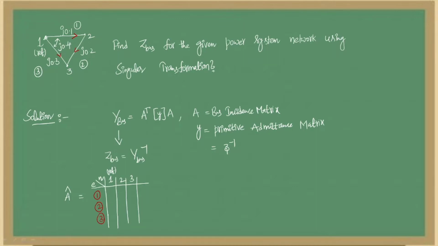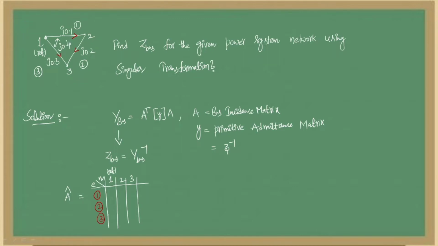When the direction of the element is towards a particular node, it is assigned as -1. When the direction of that particular element is away from a particular node, you can consider +1 for that element in the matrix. Now if you observe, for the first node, how is the first element?